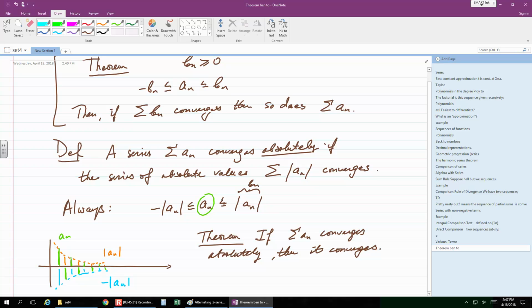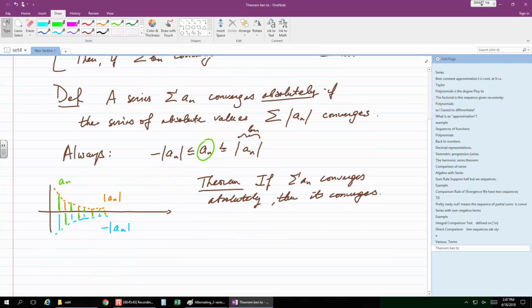Then, as you can see, it definitely converges. So even though the word absolute comes from the absolute value, nonetheless it is applicable. It contains more information than it seems, because absolute convergence includes convergence.